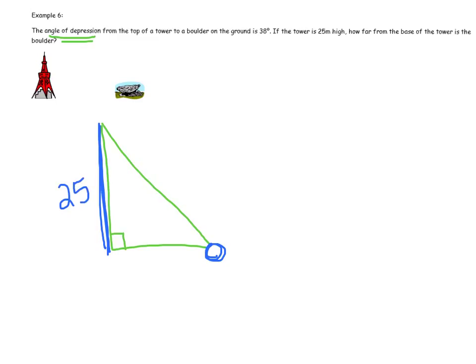So it does say now that our angle of depression from the top of the tower, which will be up here, to the boulder on the ground is 38 degrees. So remember, angle of depression is below the horizontal line. And so there we have to label 38 degrees, and then we have to label our x, which is how far from the base of the tower is the boulder, which will be down here.